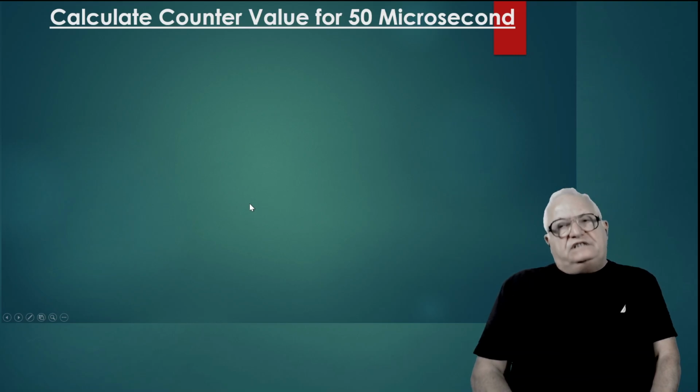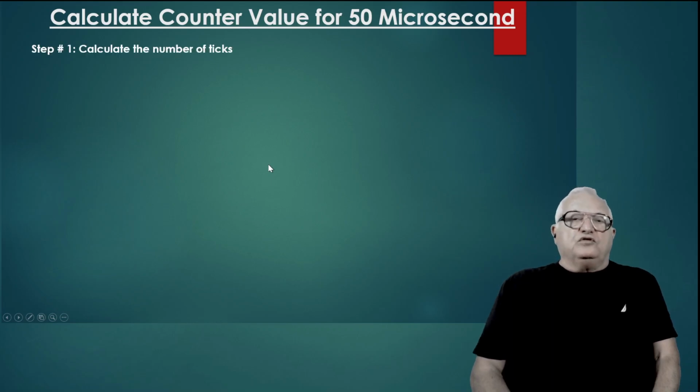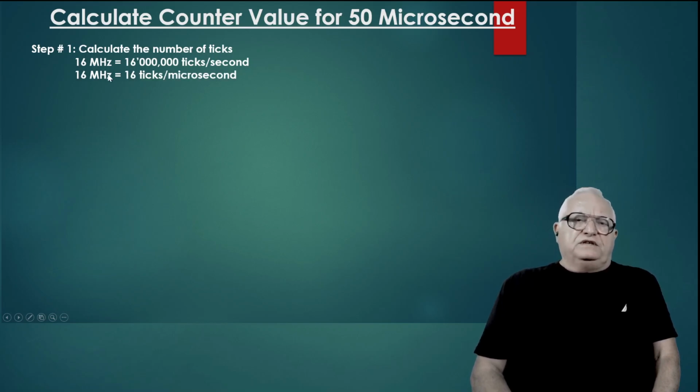So let's do a second example. In this case, we're going to have 50 microseconds. So as before, let's calculate how many ticks per microsecond. We know we have 16 million ticks per second, which means we have 16 ticks per microsecond.